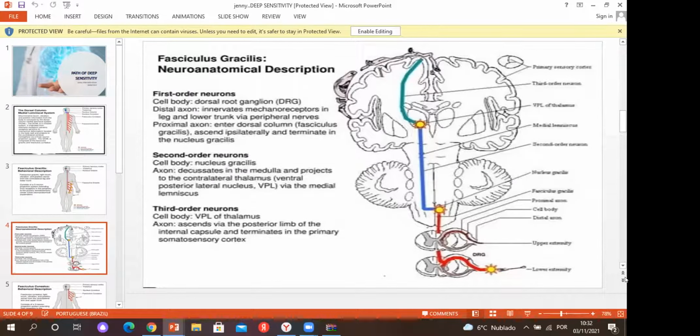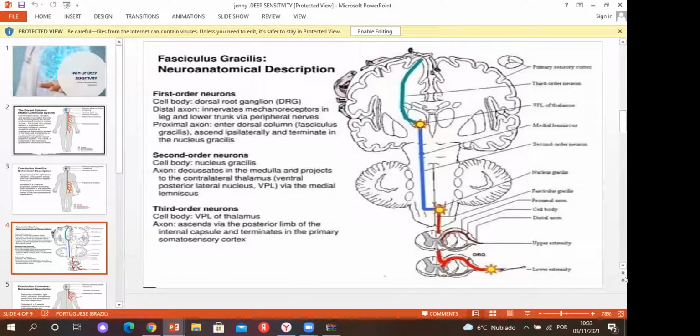And then the second order neuron, the cell body is in the nucleus gracilis, and the axon decussates in the medulla. Decussate meaning it crosses over in the medulla, and then it projects to the contralateral thalamus via the medial lemniscus.